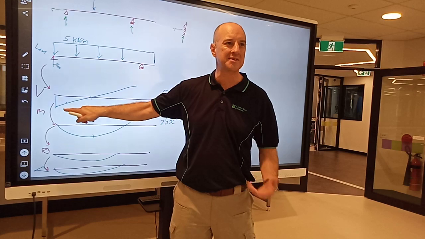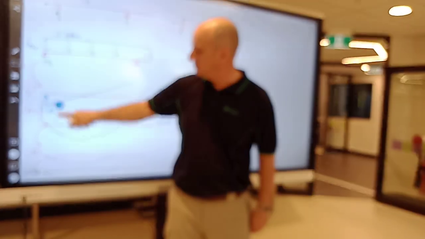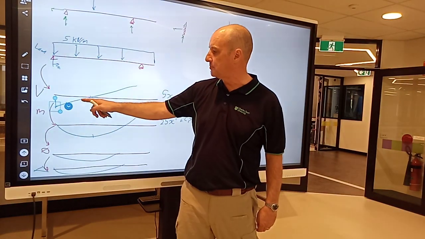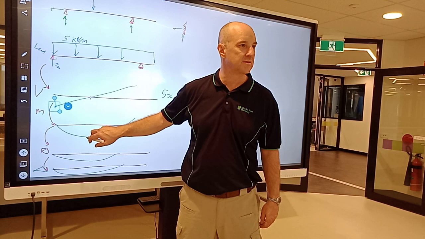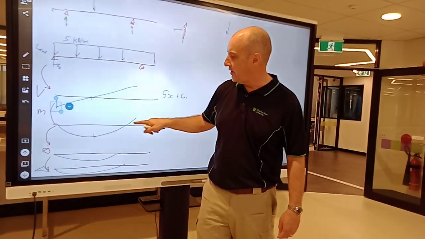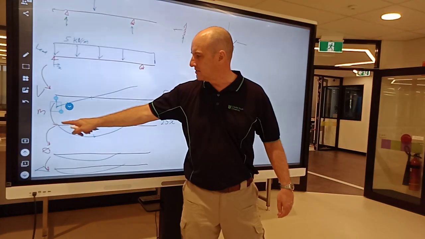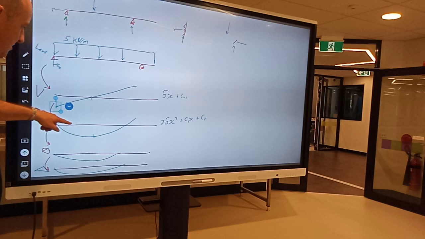Now we're going to bending. How fast is our bending changing? Our bending changes a lot. We've got a steep line here when you're near supports, and by the time you get to the middle, the bending's not changing anymore. In fact, it's flat right there, and then it goes up again. That's our shear force, this is our bending moment here.